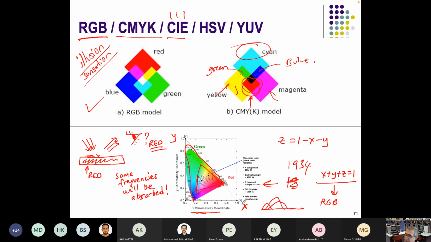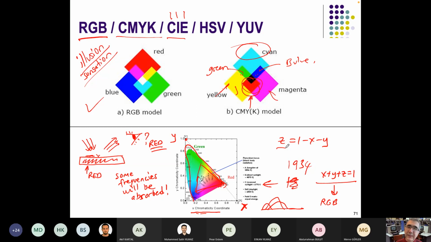In the CIE diagram, X is somewhat related to red, the reddish perception. Y is related to green perception, and the subtraction of X and Y from 1, which is Z, is related to blue perception.